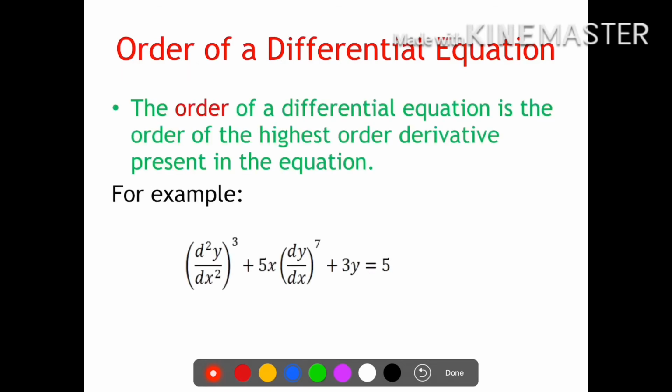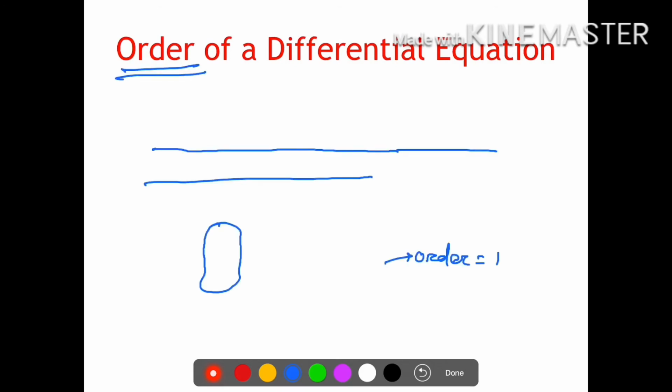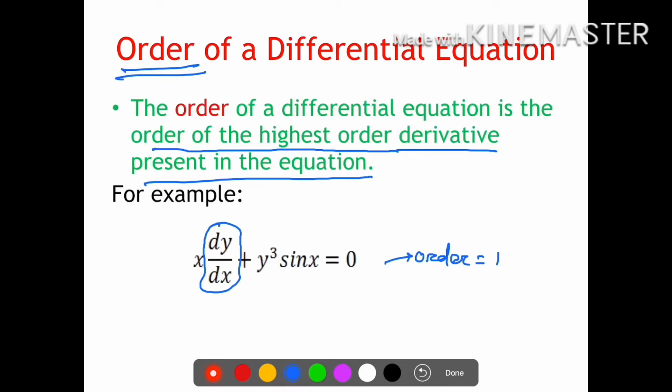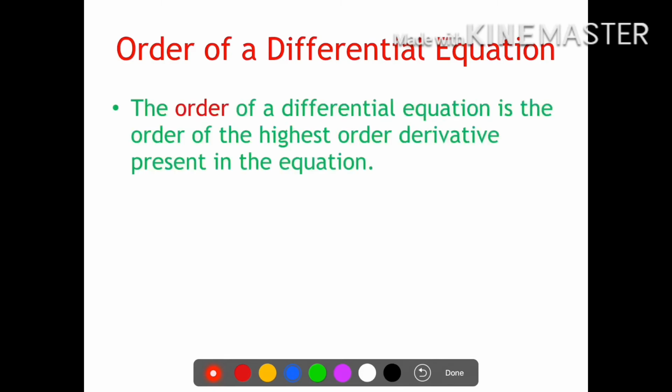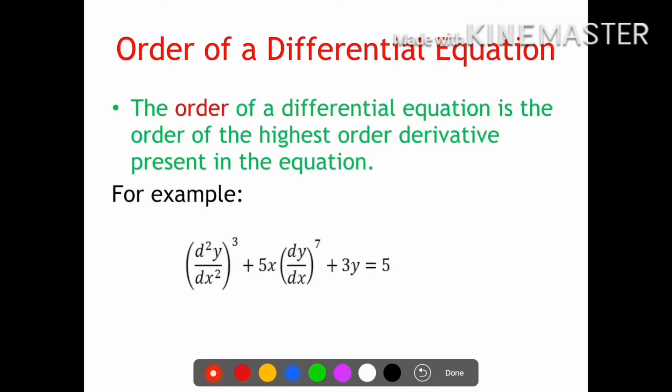Now consider one more example. (d²y/dx²)³ plus 5x times (dy/dx)^7 plus 3y equals 5.